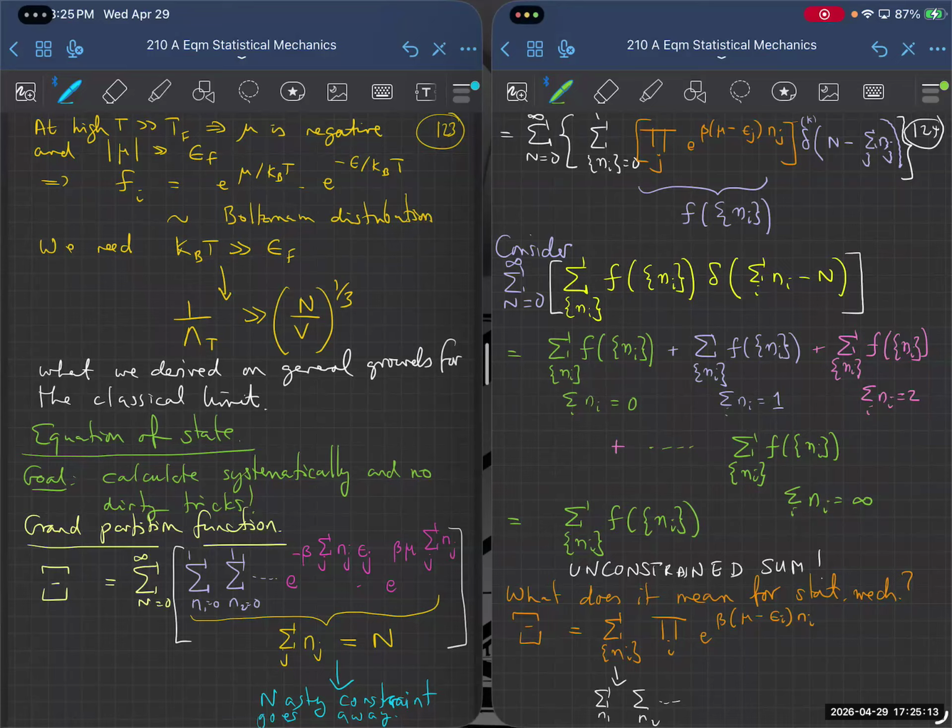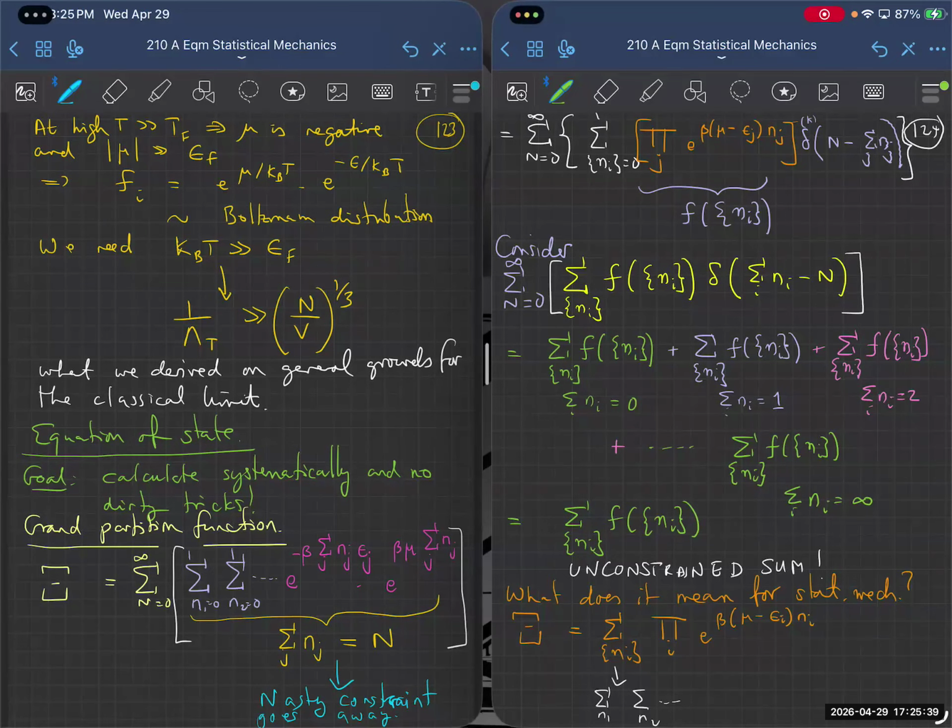This is the occupation of the state, times the energy of the state. Then for each j, you sum from 0 to 1. Yes, I sum from 0 to 1 because that's what this sum is. Exactly. Okay, any other questions?